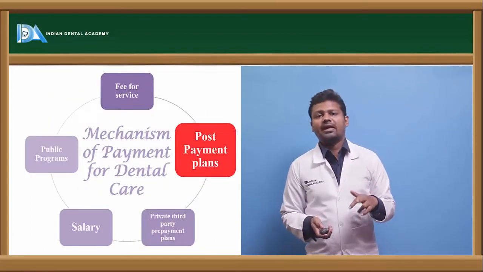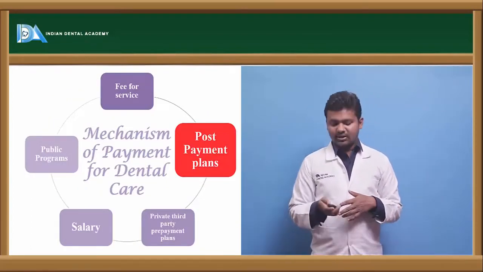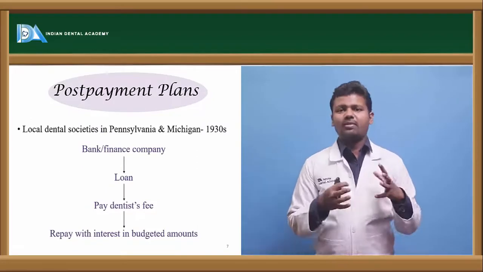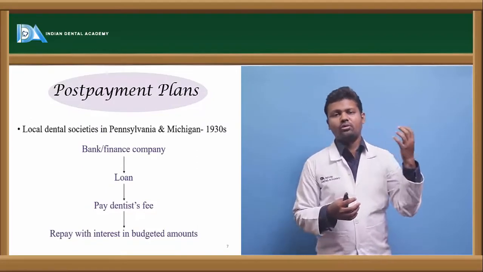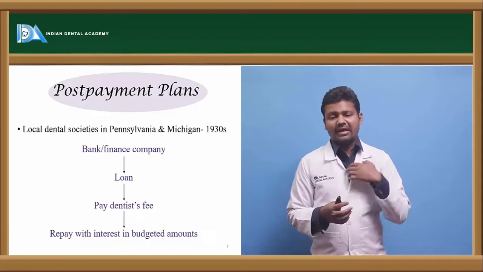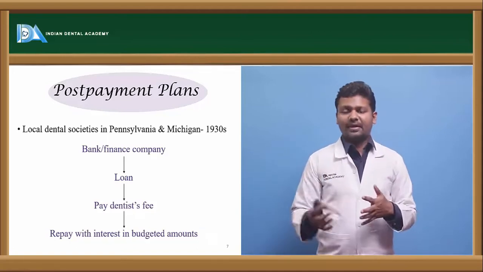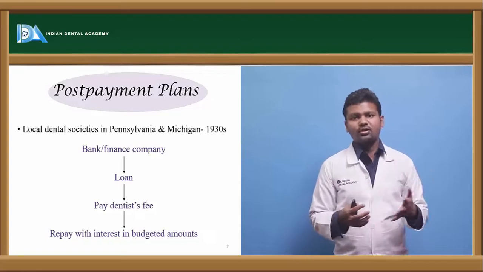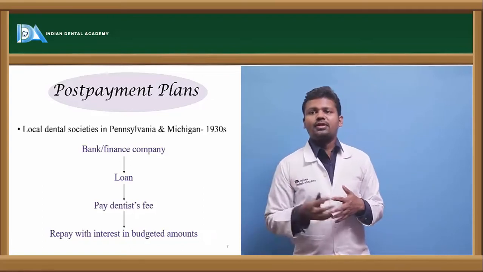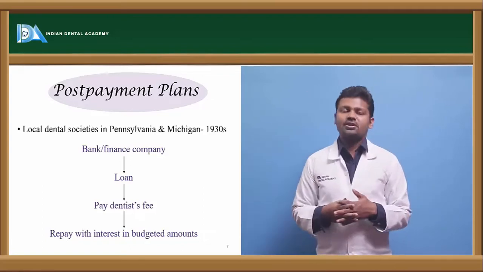The next payment mechanism is the post payment plan. In this, it's just like you go to a bank, you apply and get your loan, you pay the dentist, and then in installments with interest, you repay. The Local Dentist Society in Pennsylvania and Michigan started this in the year 1930.